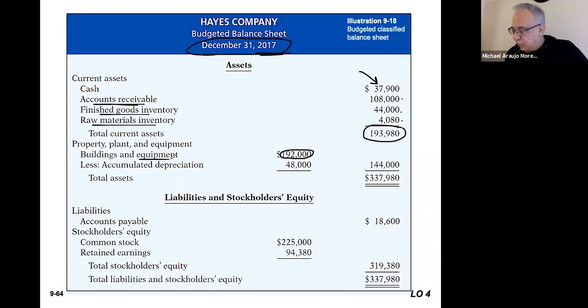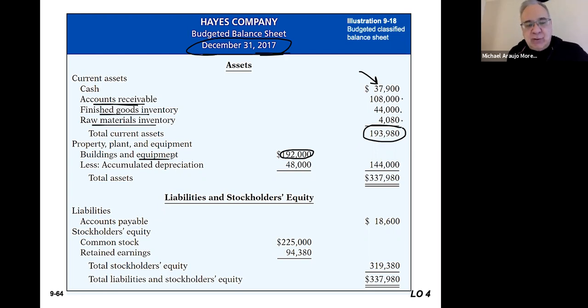You probably also remember too that there was some depreciation expenses that were listed. So accumulated depreciation in this case, we had $15,200 in your manufacturing overhead budget.